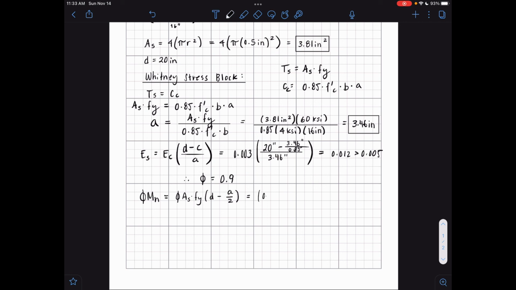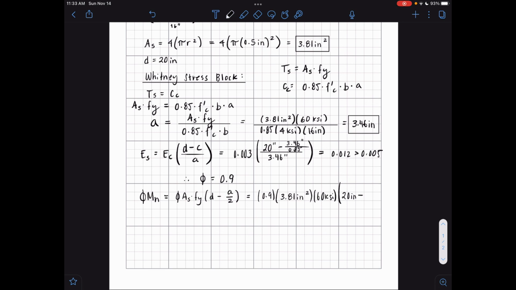So we have 0.9 times As, which is, as we said over here, 3.8, and then fy, which is 60 ksi, times d, which is 20 inches, minus a over 2.